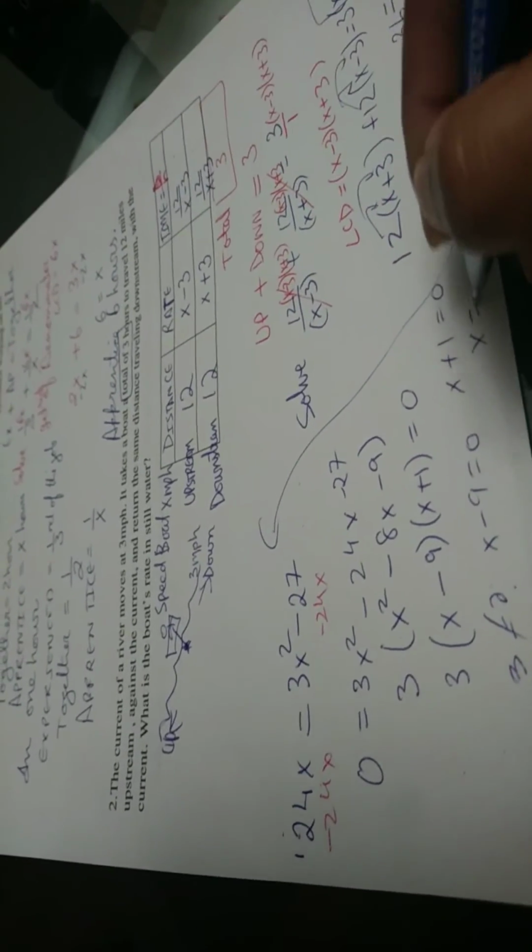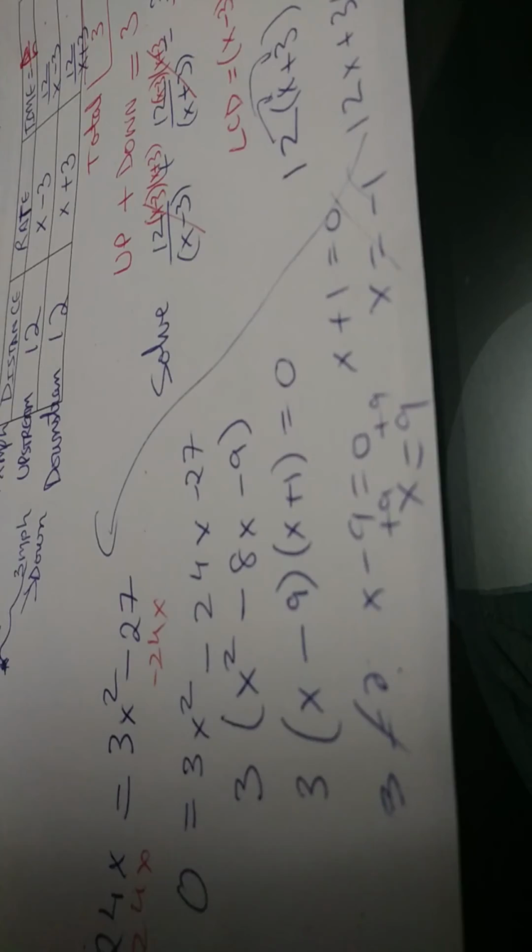We know that 3 cannot be 0, so x minus 9 is 0 and x plus 1 is 0. From here, a negative cannot be the rate of our boat, so we discard that. So the boat speed is 9 miles per hour.